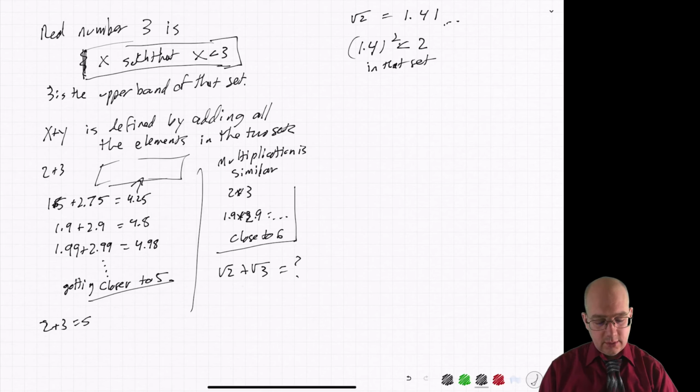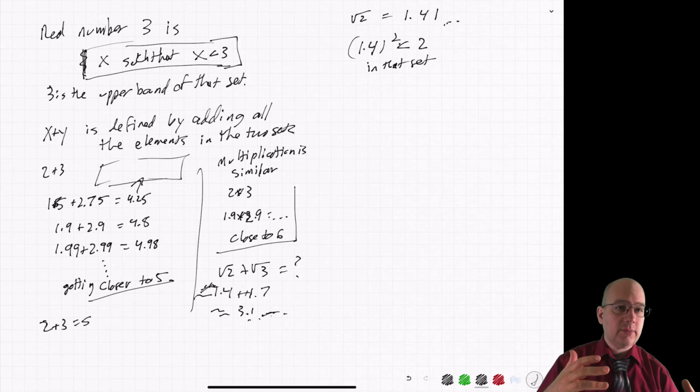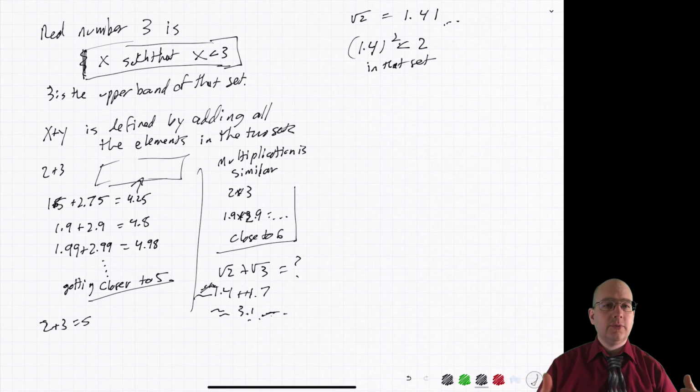And, you know, this is kind of like 1.4 plus 1.7. And so that's kind of like 2.7, 3.1, right? And as you get better and better approximations of square root of 2 and square root of 3, you get better approximations of what their sum is, what their multiplication is, what their division is, and so forth.